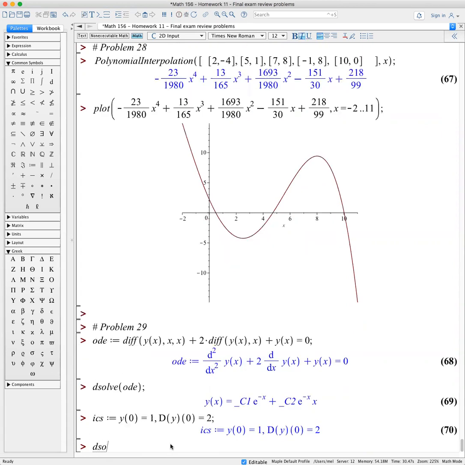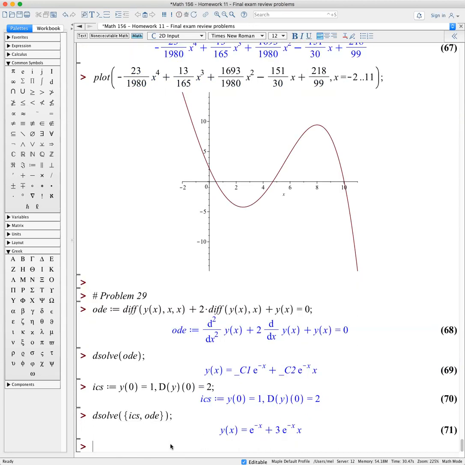So now I want to solve the differential equation. And in curly brackets, I put the initial conditions and the ordinary differential equation, and that's it. You can see when x is 0, you get 1. And when you differentiate, you should get 2.